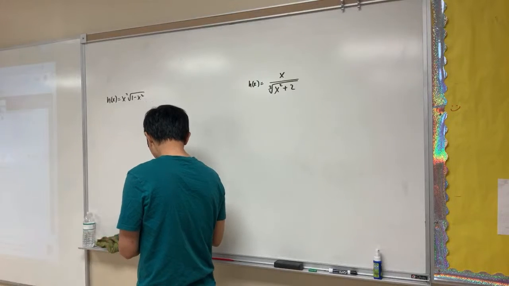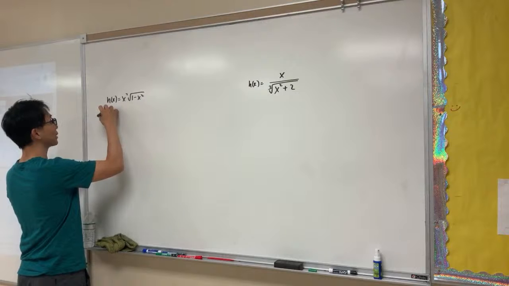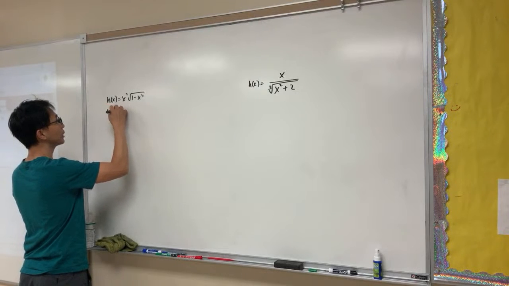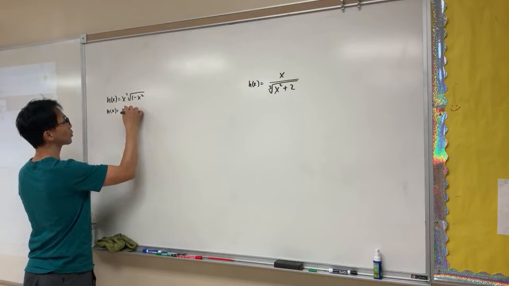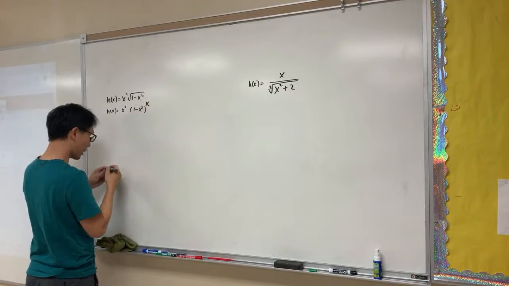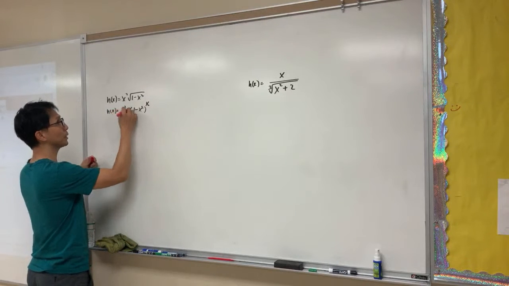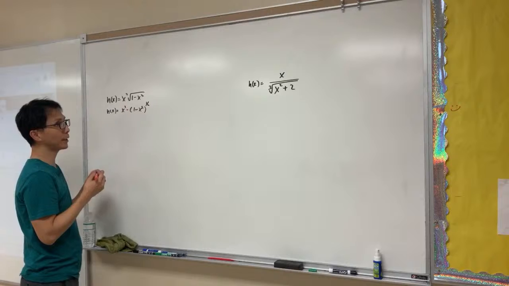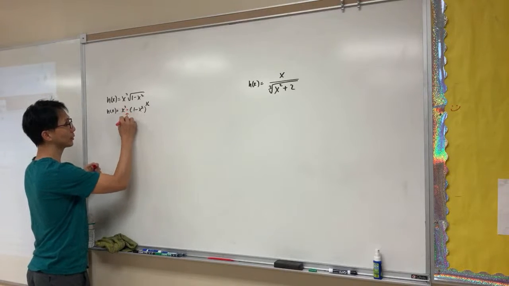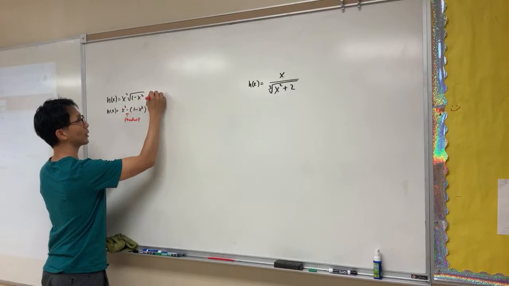So this one's a little more interesting because you want to think about h of x as x squared times (1 minus x squared) to the 1/2 power. Since there is a product between x squared and the square root, that means product rule.